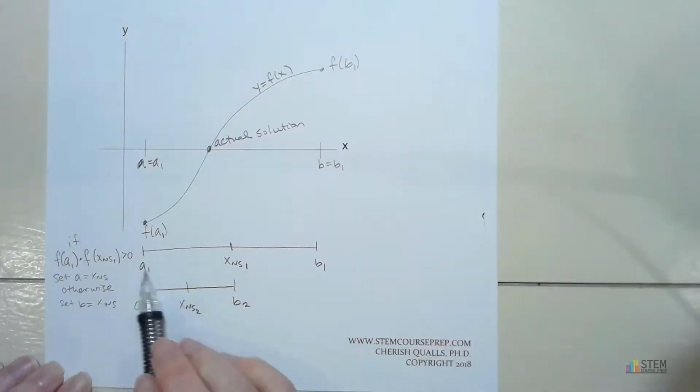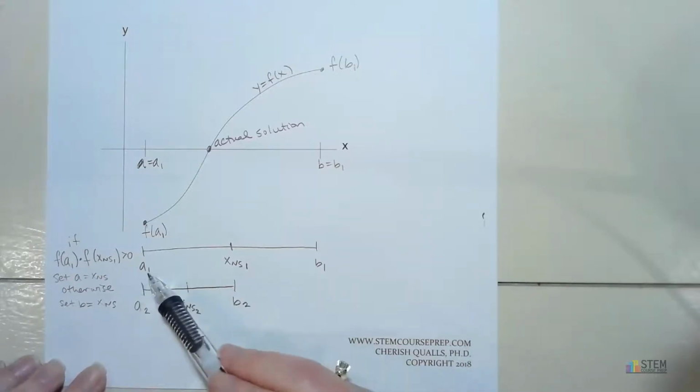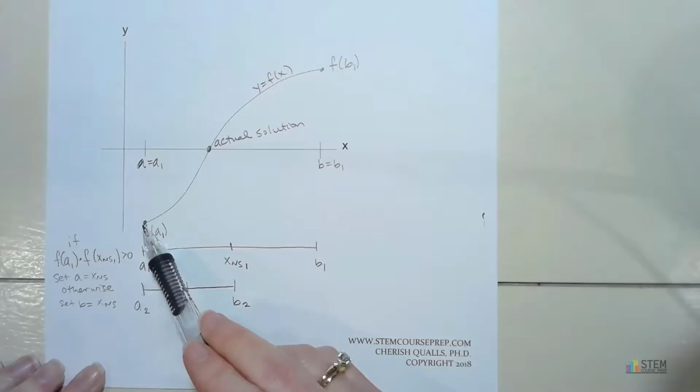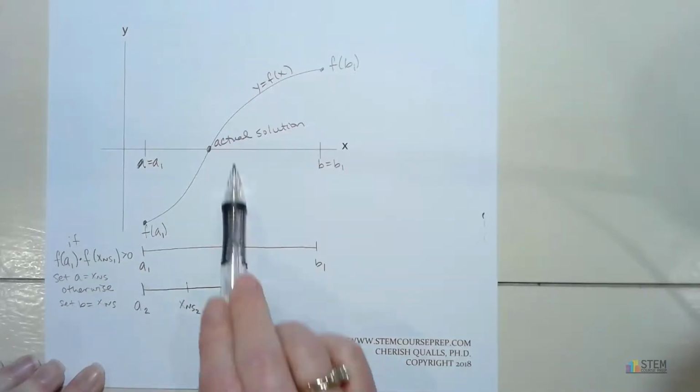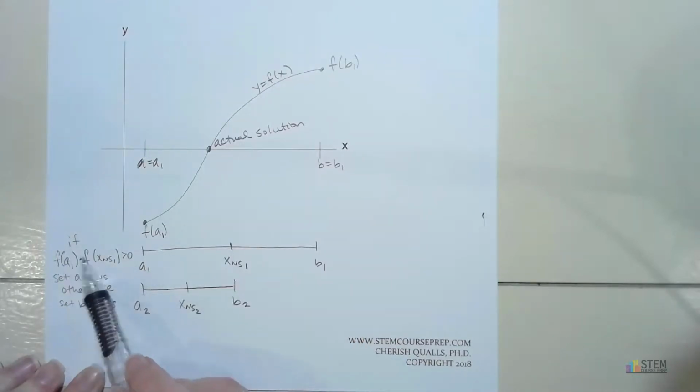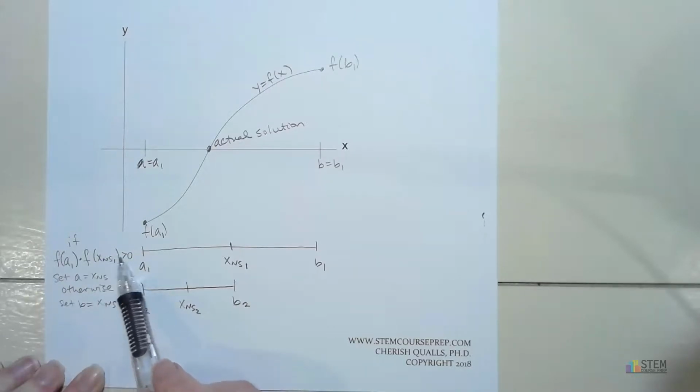All right, so if we look at what we have here, let's go over that. Here's A1. I already know if I plug A1 into my function, I have a negative number. X in S is up here, so that's a positive number. So I've got a negative times a positive, which gives me negative. So the statement here doesn't happen, because we're not greater than 0, we're less than 0.